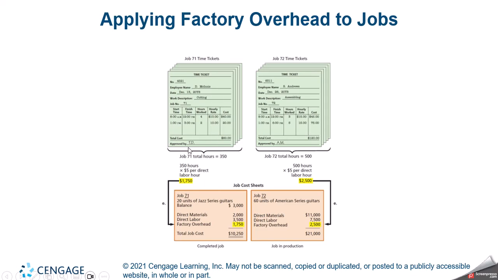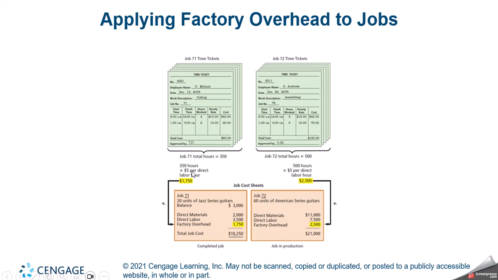But here we go back to our job cost sheets. We've already calculated our direct materials through those material requisitions, our direct labor through the time tickets. Now, if we're basing our overhead allocation on the direct labor hour, again, it was that $5 rate, we will look at how many hours we applied to this particular job, 71, 350 hours.